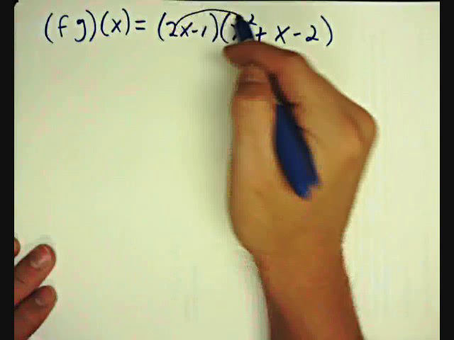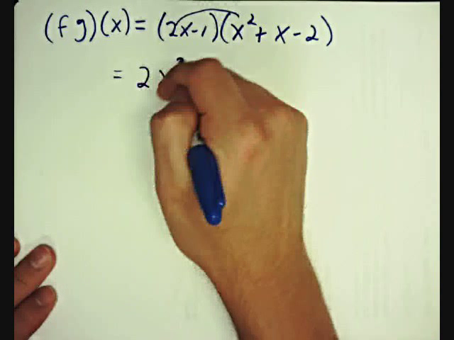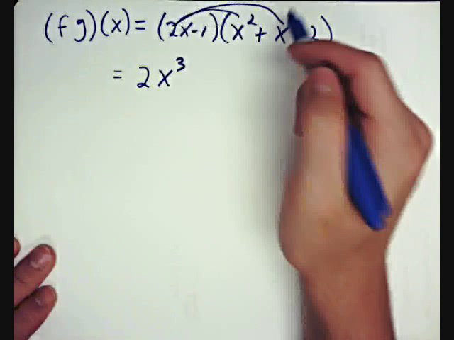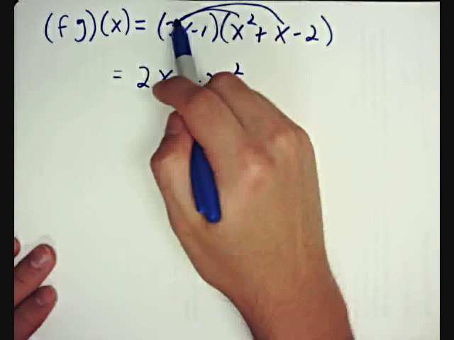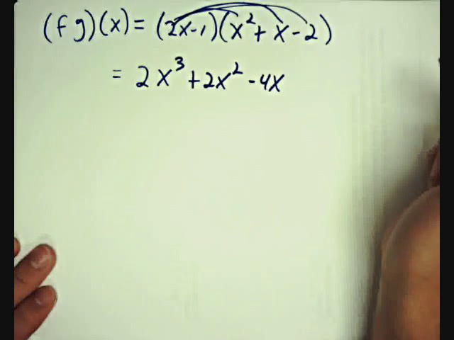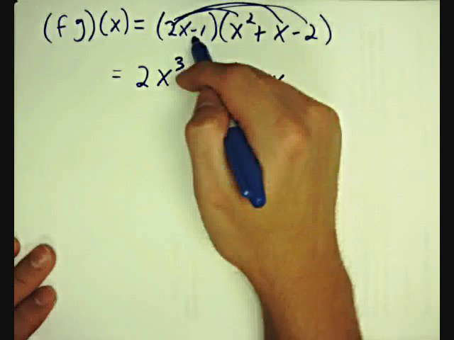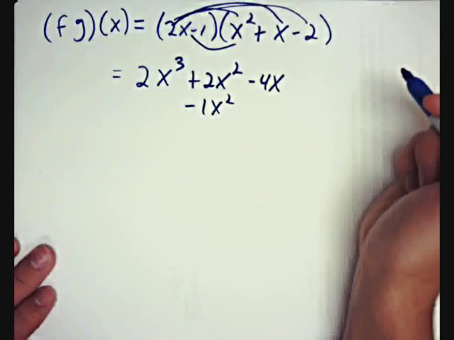We'll take 2x multiplied by x squared, and that's 2x cubed. 2x times x is 2x squared. 2x times minus 2, minus 4x. Next term, minus 1 times x squared is minus 1x squared.